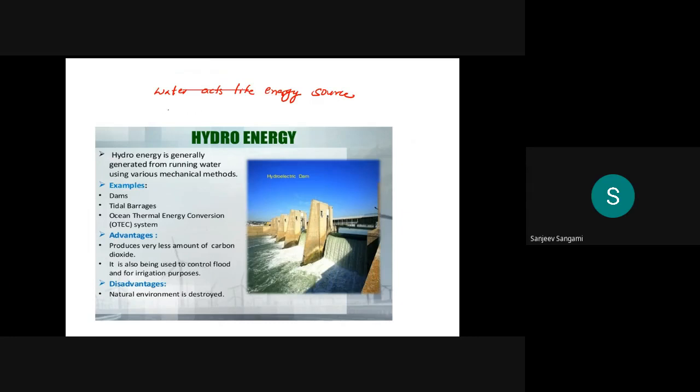It can be generated from running water. You might have seen falls. Falls act as energy generating sources, as well as dams. In many dams, you are going to generate power.